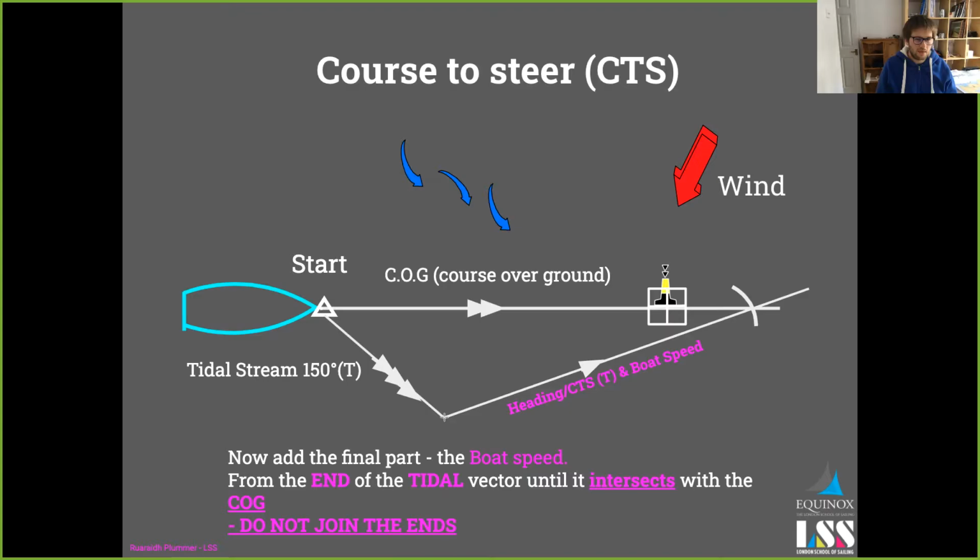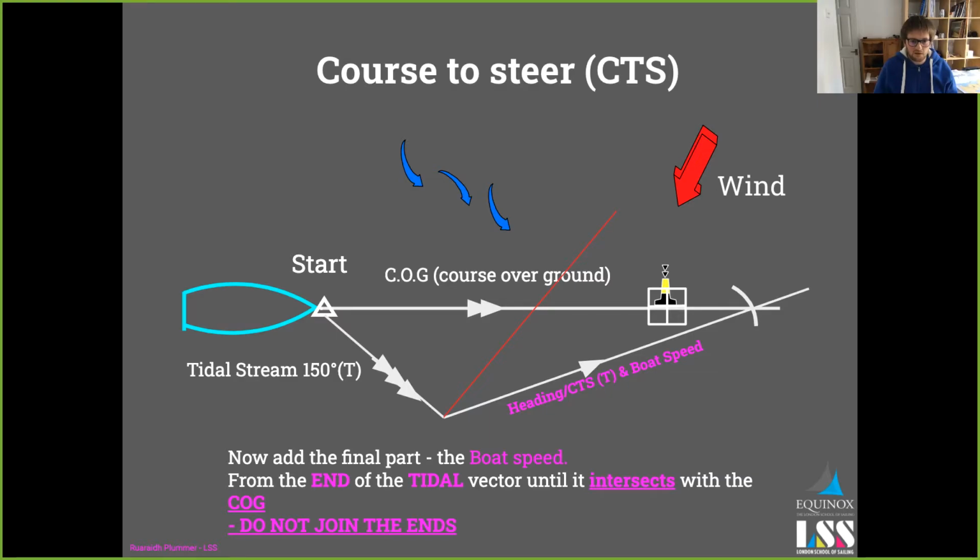More shallow. Yeah, it's going to be shallow. So if I'm in a really slow boat, I'm going to be pointing this kind of course here, because the tide is going to be quite strong in comparison to my boat speed.